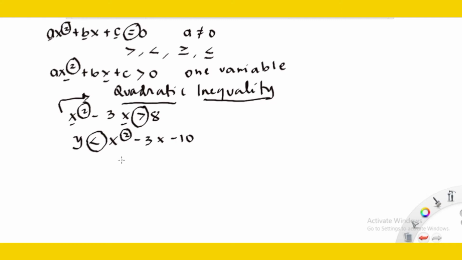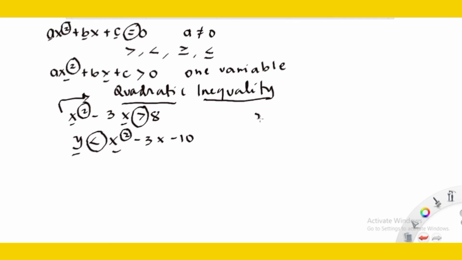And this is in two variables because the variables present are x and y. Alright? So I hope na malinaw na po sa atin ang definition ng quadratic inequality, paano natin ma-identify ang quadratic inequality at quadratic equation. Okay?